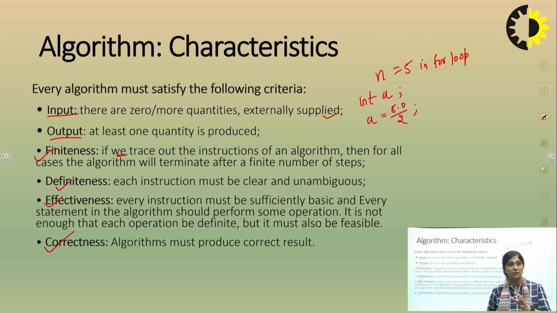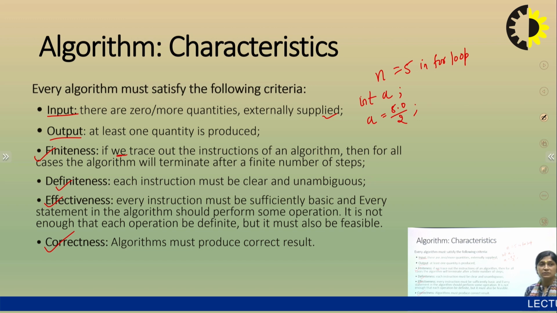There is some result, but it is not correct. Whatever the problem you have and whatever the desired solution, that must be the output after running that algorithm, or running that program, sorry. These are the characteristics of an algorithm.